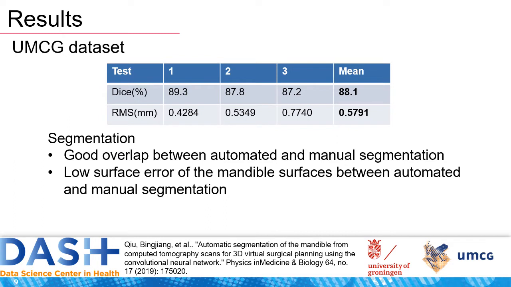Finally, the average dice score is about 88%. The ASD error is about 0.5791 mm. That means we get a good overlap and lower surface error between automatic and manual segmentation.